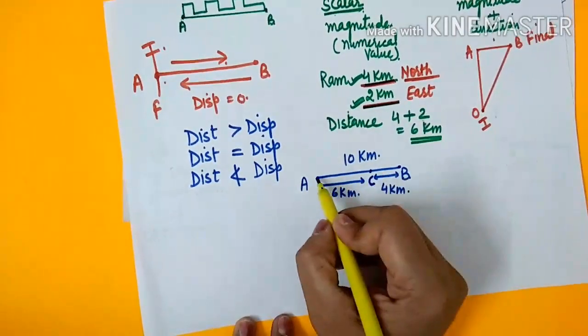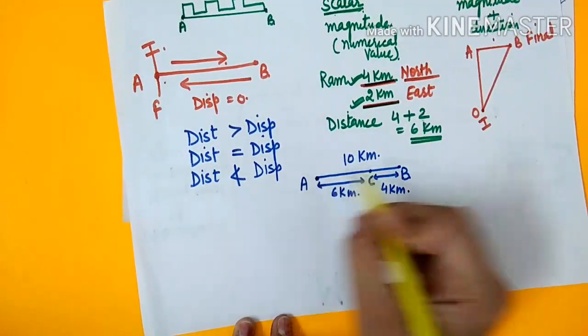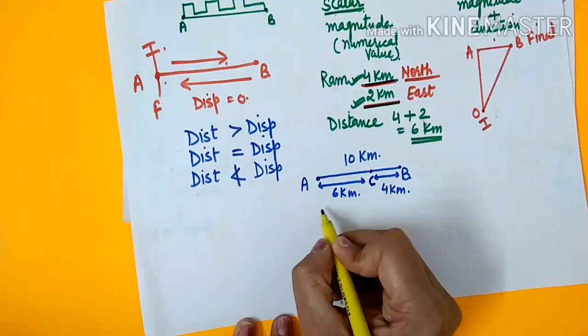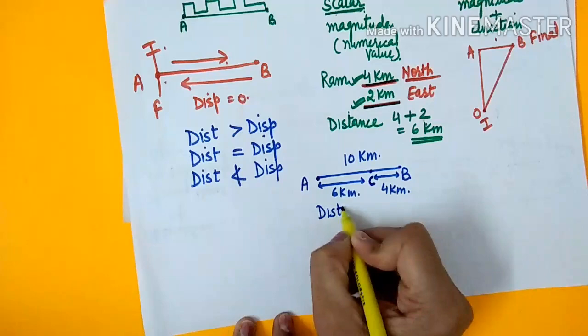Now if he started from A and ended his journey at C, you have to calculate the distance.